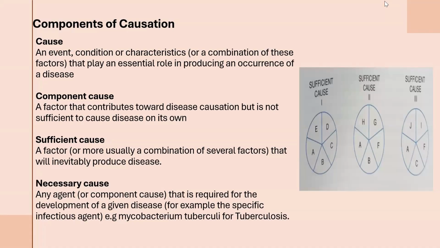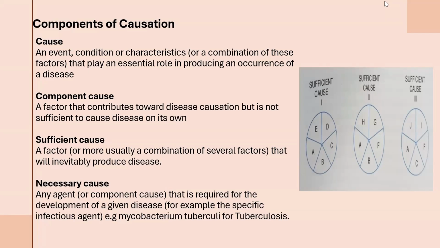So maybe the individual is malnourished, or is immunocompromised, or is living in a very poor socioeconomic environment, and all of that. So each of these things I've mentioned are component causes. So they all contribute towards the causation of the disease, but each one is not by itself sufficient to cause that disease. So that's what a component cause is.